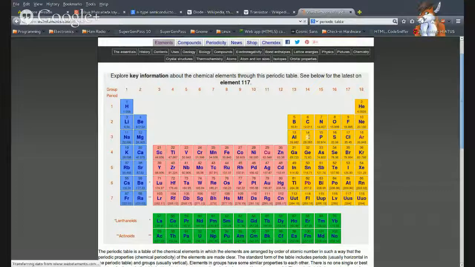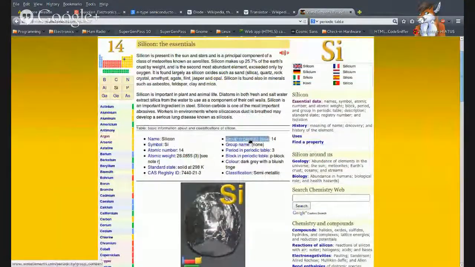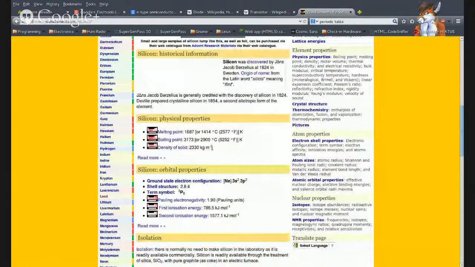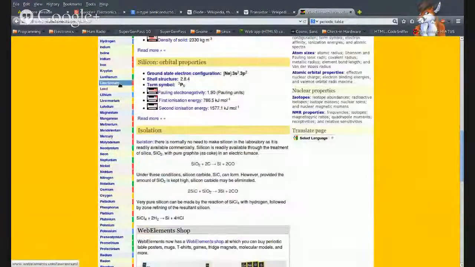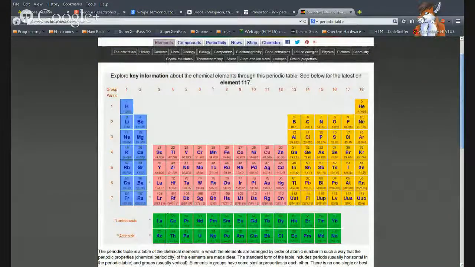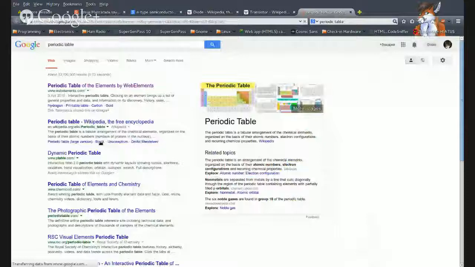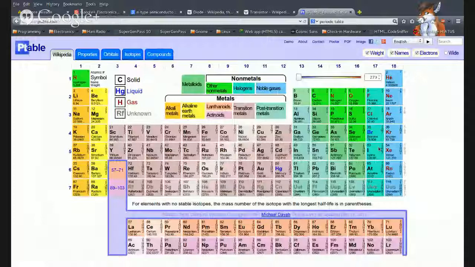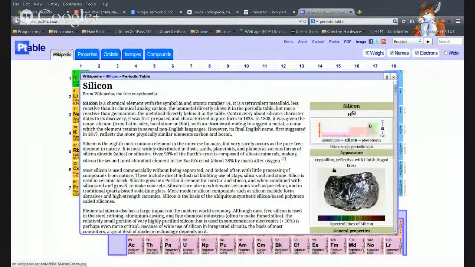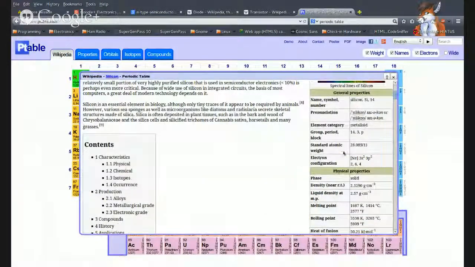And if I remember correctly, it has, this is not the periodic table I was using before. This is it. I like this one better. Silicon. Here we go. Silicon has on its outer electron shell four valence electrons.